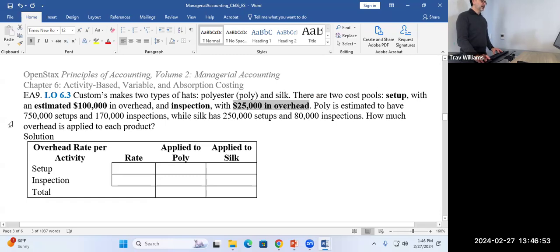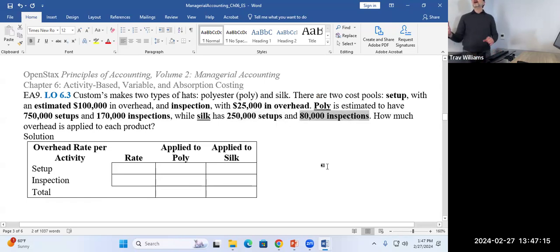Now the Poly product, they're expecting to have 750,000 setups and 17,000 inspections. Okay, that's for Poly. And then the Silk product, they are expecting 250,000 setups and 80,000 inspections. So here we have only two products and only two cost pools.